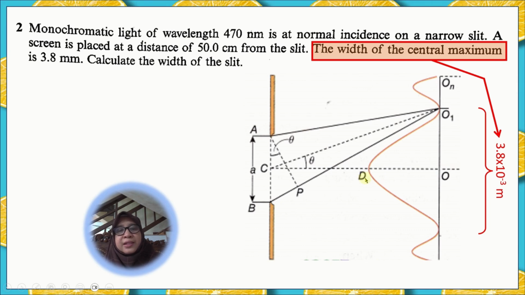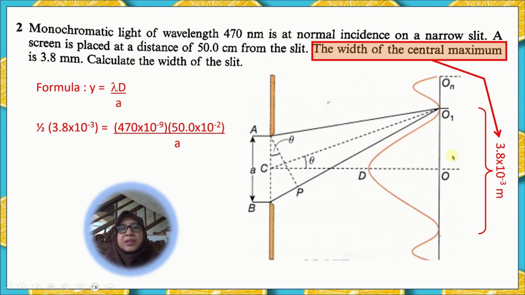Capital letter D. Okay, so the formula we are going to use is y equals lambda d over a. We substitute the y given here, but the y is from the center O to the first minima.